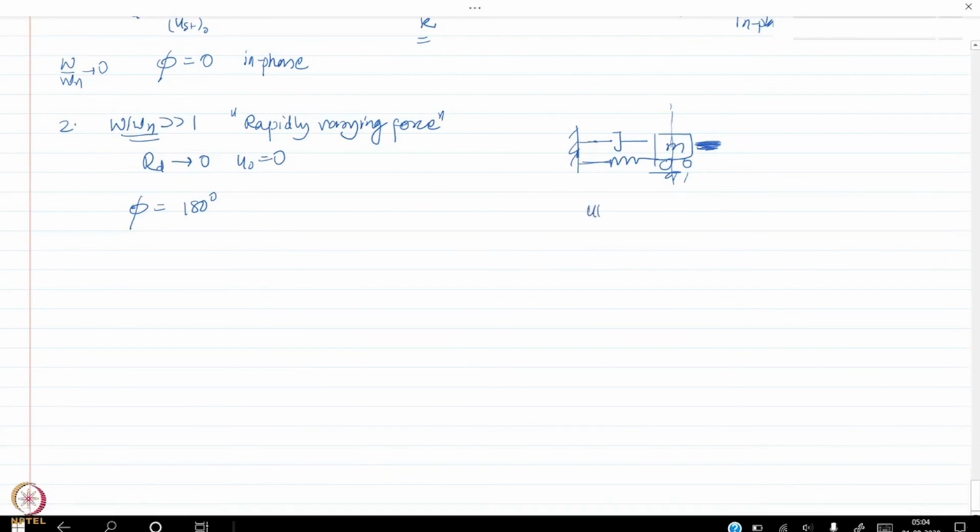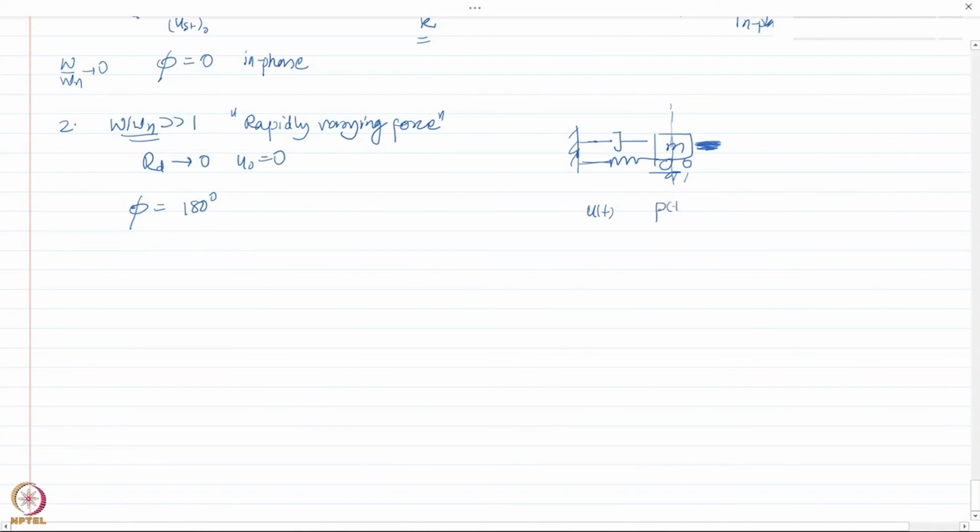So u(t) and p(t) are completely out of phase. If p(t) is applied in the right direction, your system would move in the opposite direction. Of course, that displacement is very, very small, but in terms of phase, they would be completely out of phase.